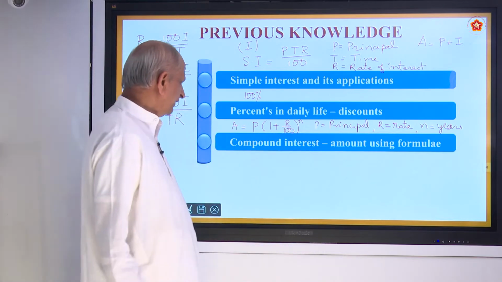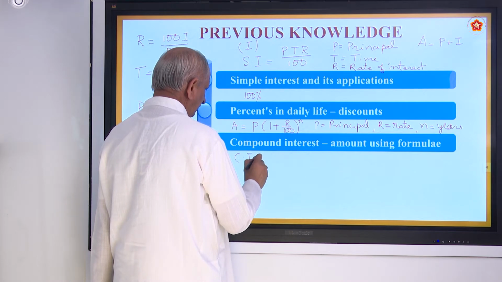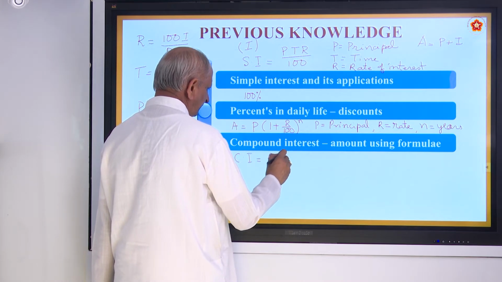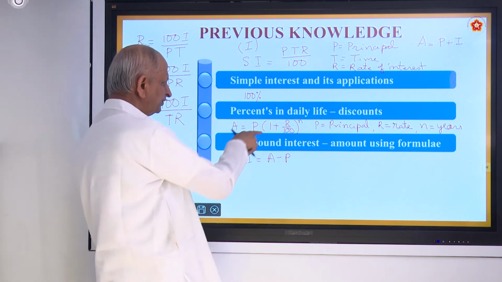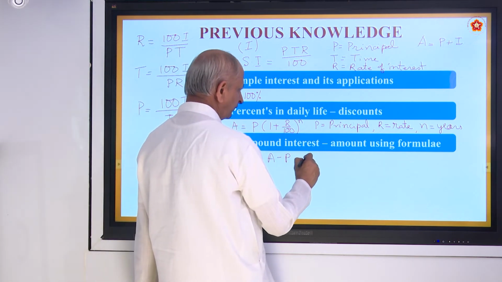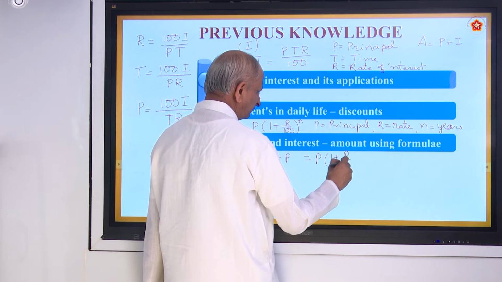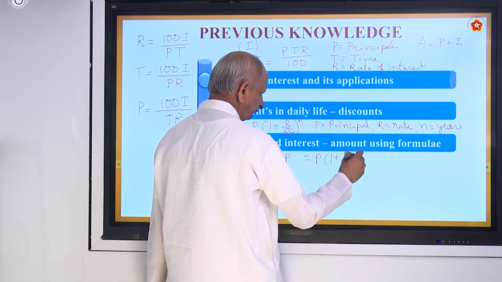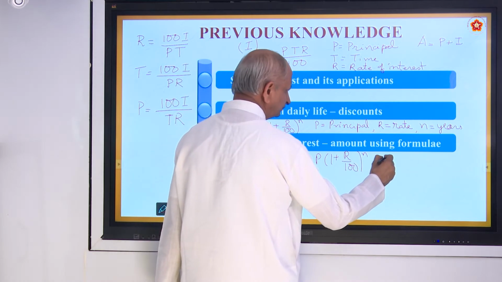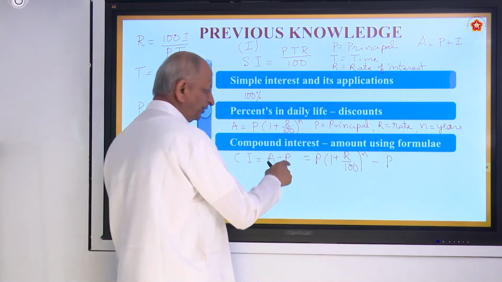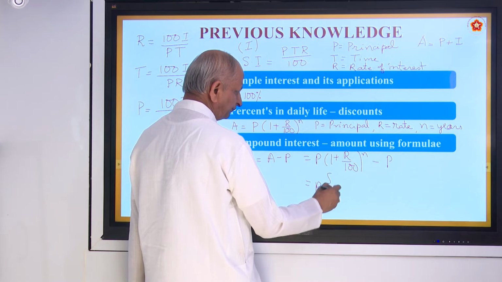And suppose you want to find compound interest, CI will be equal to A minus P. Same formula. This is A, that is P into (1 plus R by 100) to the power of N minus P. P is principal, so P can be taken outside.